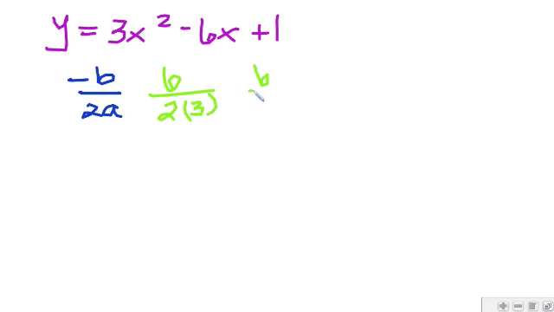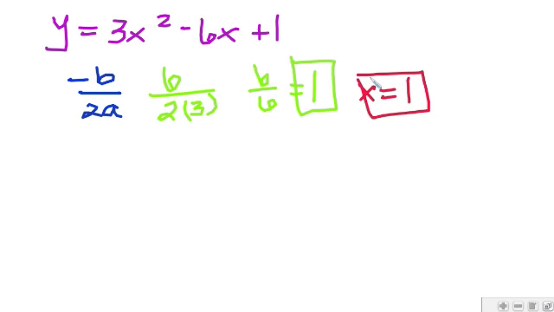So I'm going to get 6 over 6, which also equals 1. So this tells me my axis of symmetry is 1, which also tells me that my x equals 1.